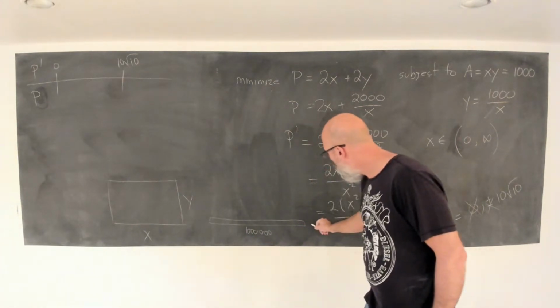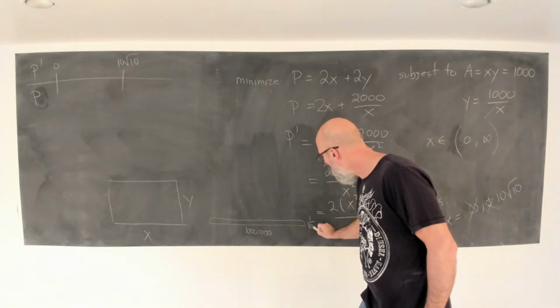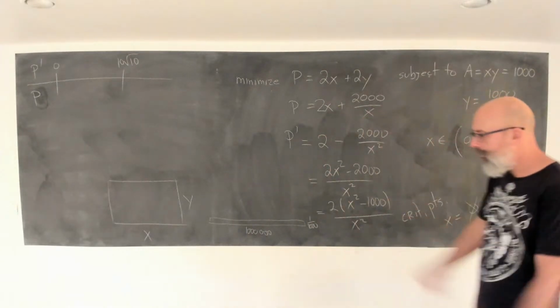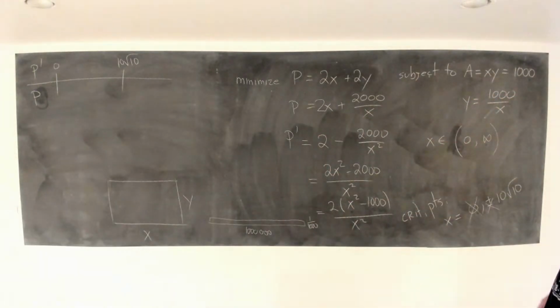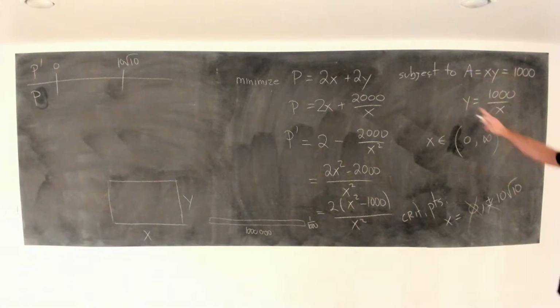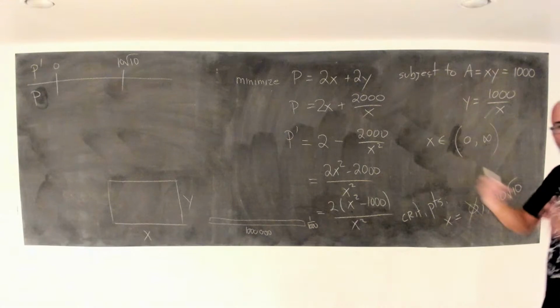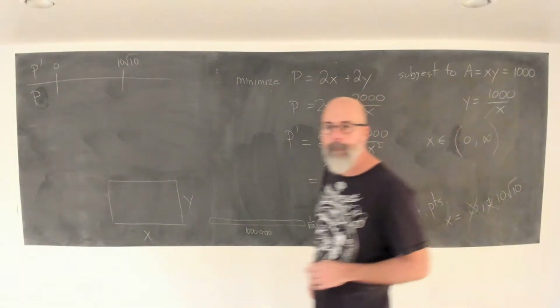And in that case, Y is going to be 1 over 1,000. And that still gives you an area of 1,000. So X could be as large as you want. Inversely proportional, Y will be very small to compensate.